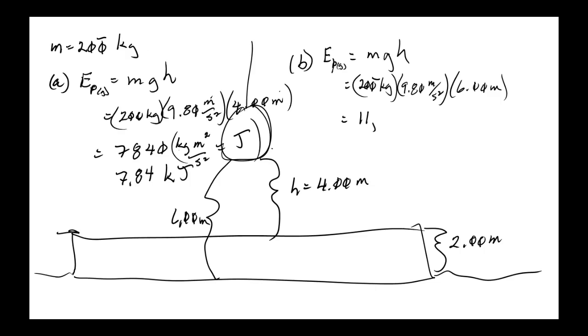Okay. 760. What units? Joules again. Okay. Now, what about those digits? All right. We only have 3 coming in, but we got 4 coming out. Okay. What is the problem here today?